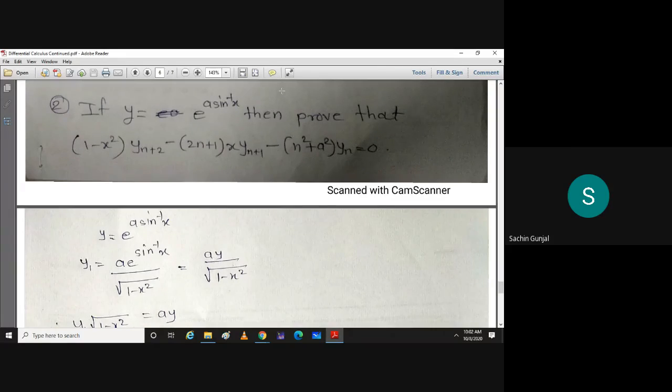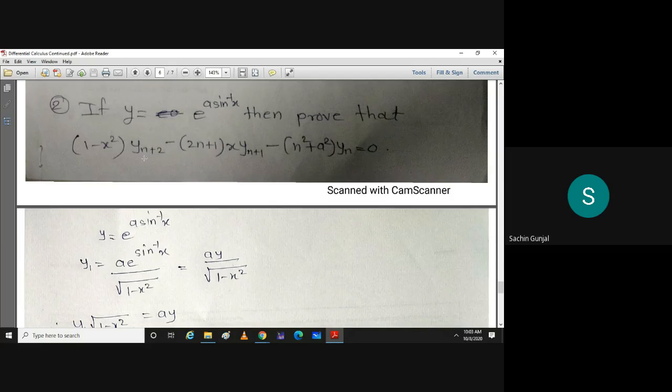Can you give me an idea how you will proceed? Since we have to use the Leibniz rule, we'll have to take the first derivative so that we have some function to use the Leibniz rule with. Observe the highest order derivative in this expression.